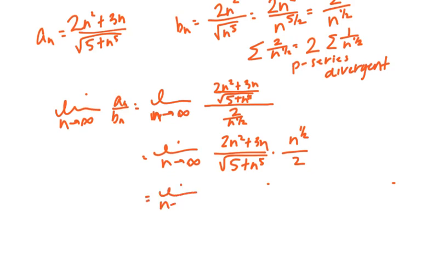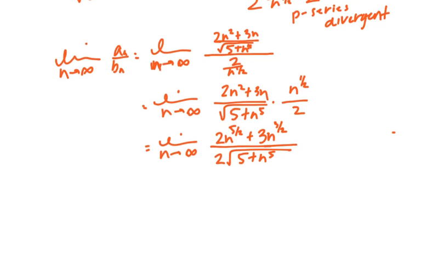So let's distribute on the top and pull this 2 to the front. So we have 2n squared plus n squared times n to the 1 half is n to the 5 halves, plus 3n to the 3 halves, over 2 times the square root of 5 plus n to the fifth.